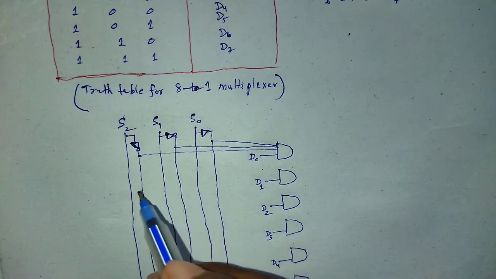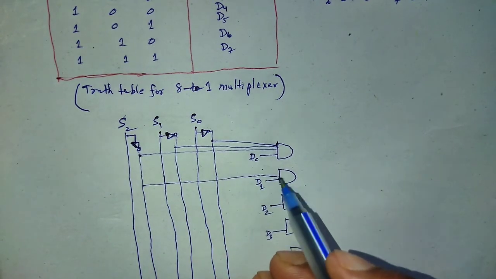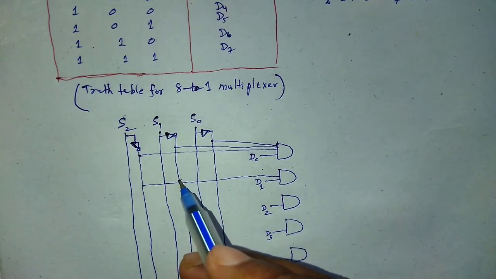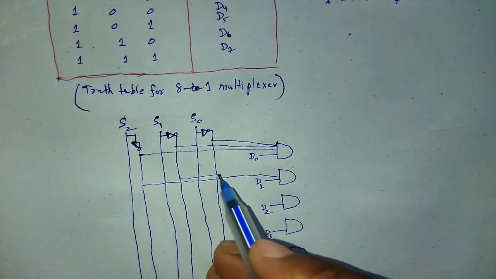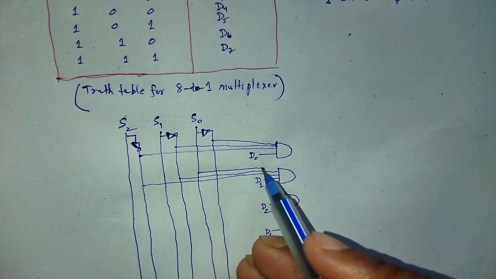S2 dash, S1 dash, this is the NOT line, S0, this is the S0 line.